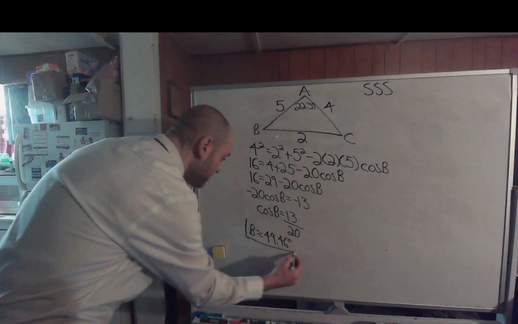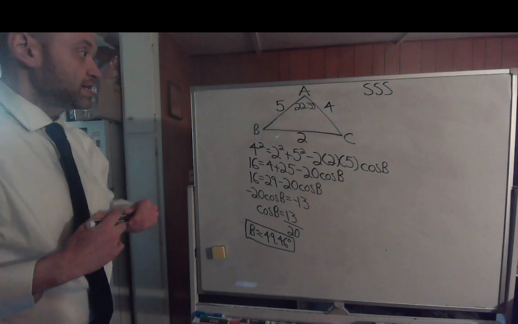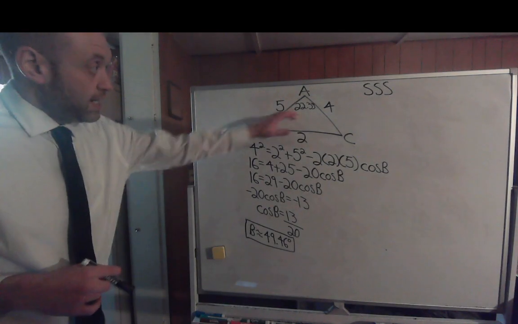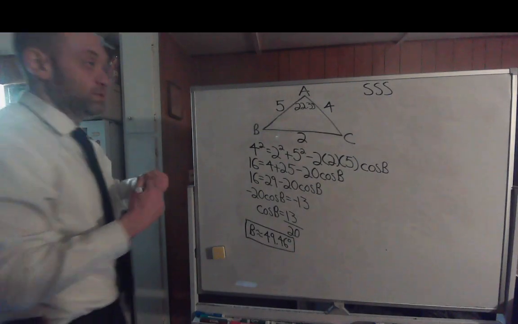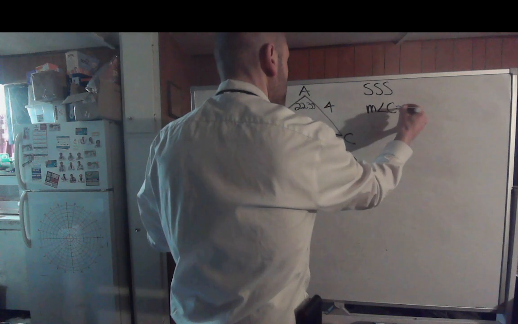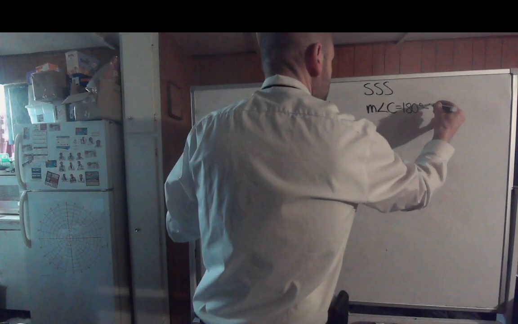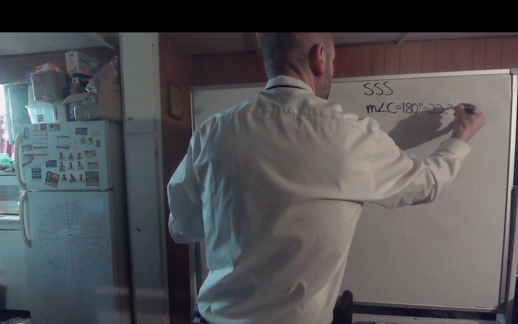So you get that B is approximately 49.46 degrees. So we know A, we know B, we can find angle C relatively easy then. That means the measure of angle C is just going to equal 180 degrees minus that 22.33 degrees minus that 49.46 degrees.